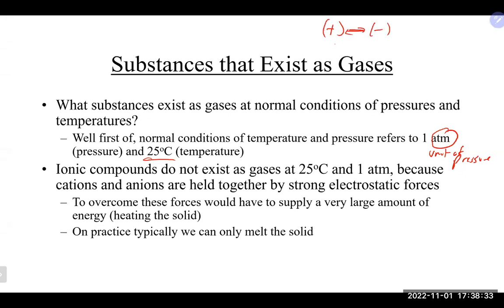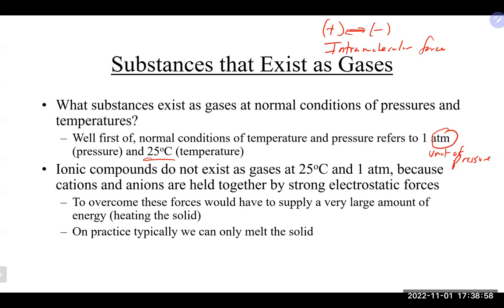And this attraction, which is really an intramolecular force, is probably one of the strongest forces that you could have. Under normal conditions, an ionic solid will not go into the gas phase all that easily. You can pretty much heat it a lot and it will not go into the gas phase.